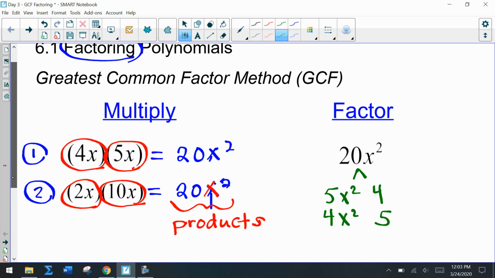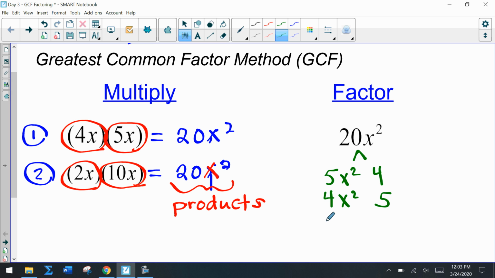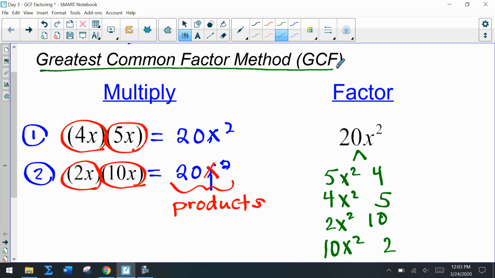Those are factor pairs of 20x squared. And there's quite a bit of variety that you can use. So we have a bunch of factor pairs here. And so this is going to be useful when we begin factoring using the greatest common factor method or the GCF method.